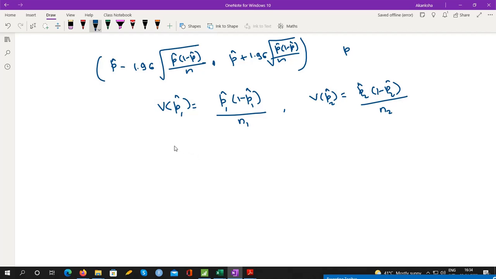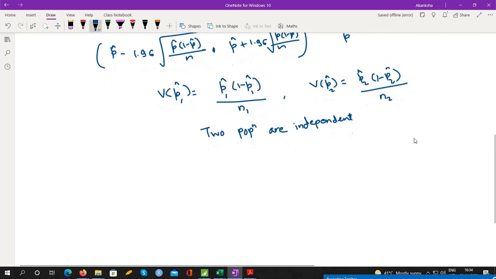Now, in addition to this, we will assume that the two populations, the population in which we compute P1 hat and the population in which we compute P2 hat, are independent. That would be our assumption.